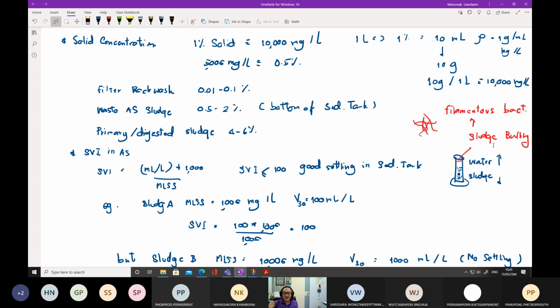So what is sludge bulking? Sludge bulking is actually light sludge due to the growth of filamentous bacteria. Filamentous is a kind of bacteria which has a shape like a fiber, long and very light.